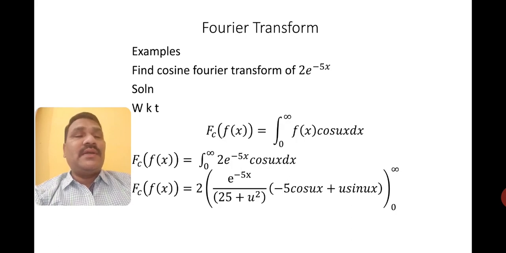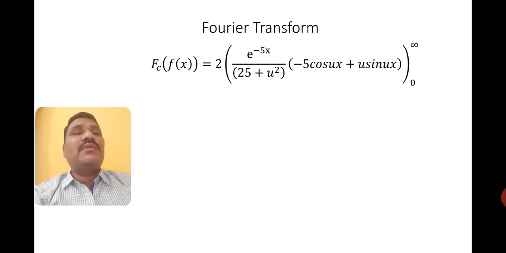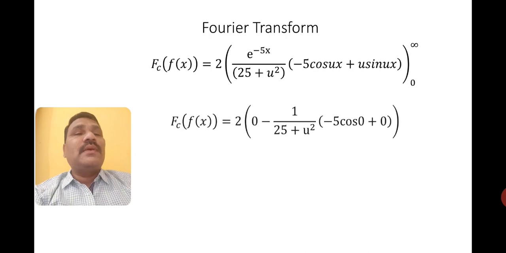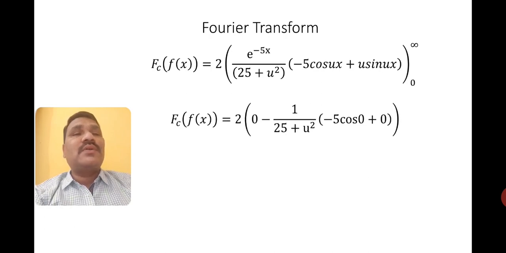Now apply the upper limit and lower limit. When you apply e to the power minus infinity, you get 0. Only the lower limit will give some result.